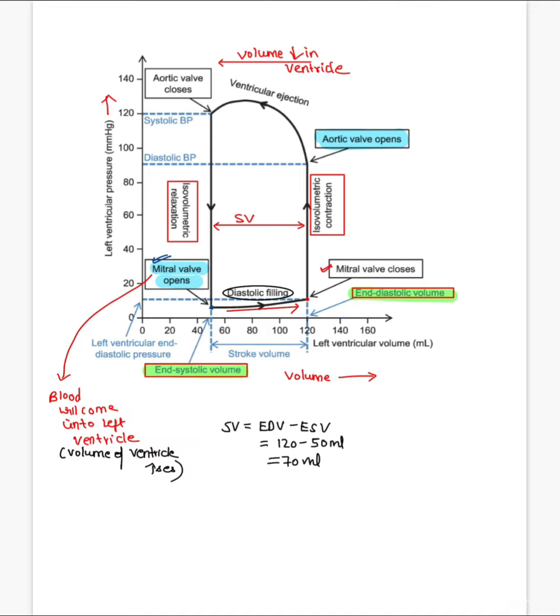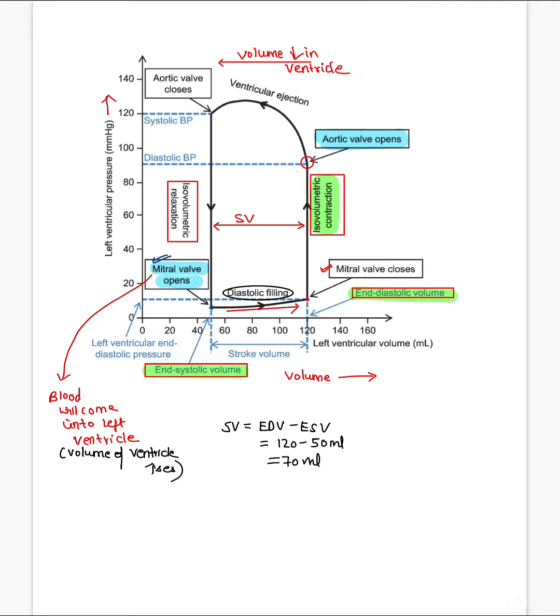So the mitral valve will close because now the ventricle has the blood. Now what happens? The ventricle has the blood, but the aortic and pulmonary valves are not open. So that is the isovolumetric contraction phase. After a time, isovolumetric contraction will end and the aortic valve will open.